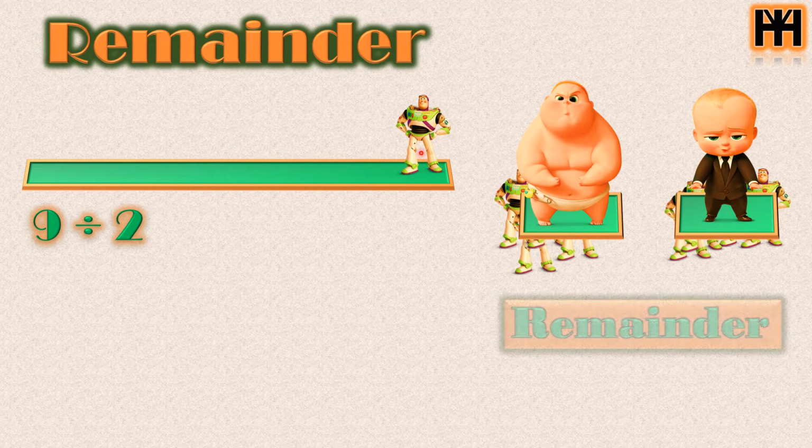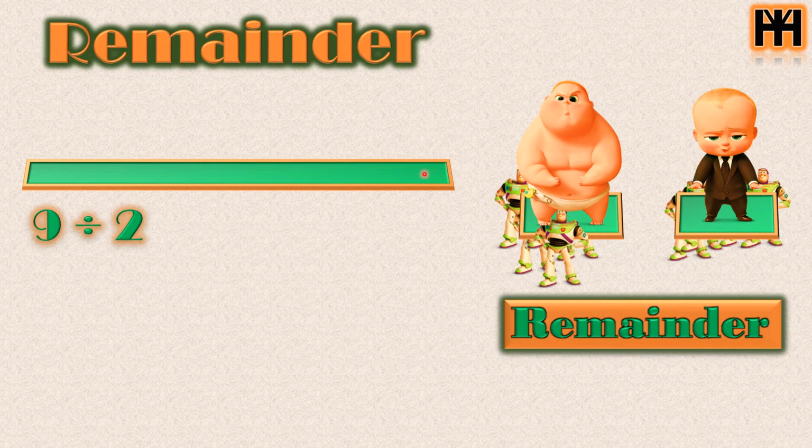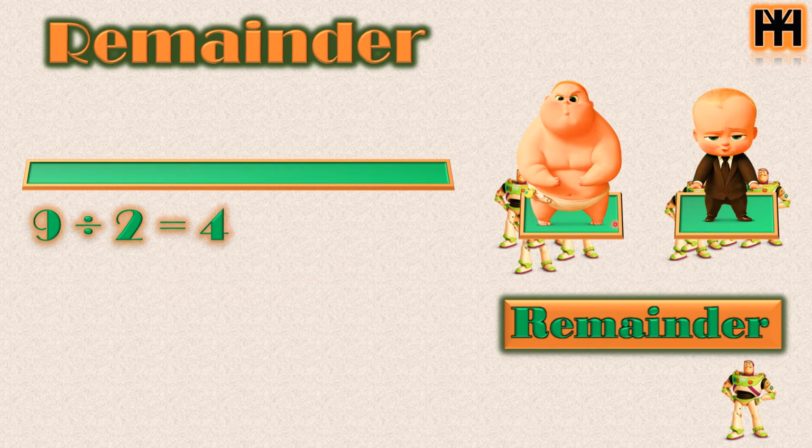But we have this one left, so the remainder is 1. We could break it into 2 halves and each one will get half a toy, so it's 4.5. But it won't be good for them. So the result here will be 4, each one got 4 toys, and the remainder is 1.